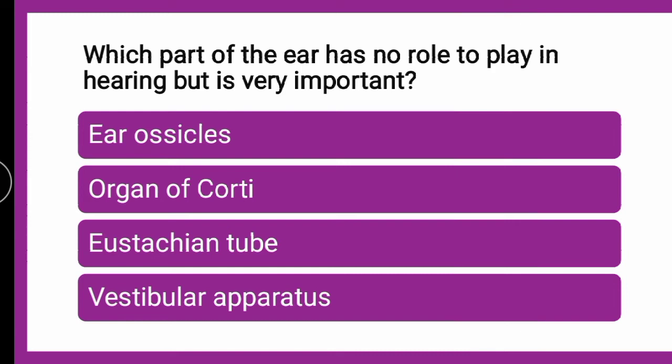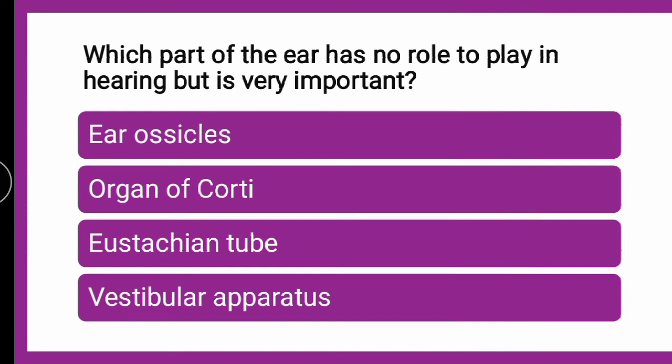As far as we have studied the anatomy of the ear, it is very clear that the ossicle bones are involved in the hearing process. Organ of Corti also functions for hearing. The eustachian tube is connecting the pharynx and the middle ear.